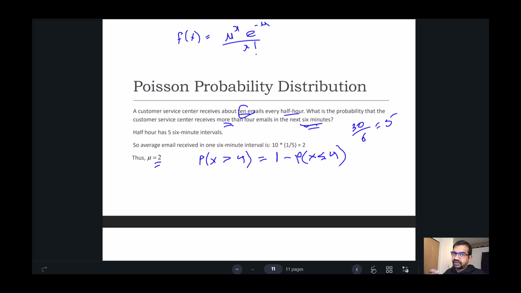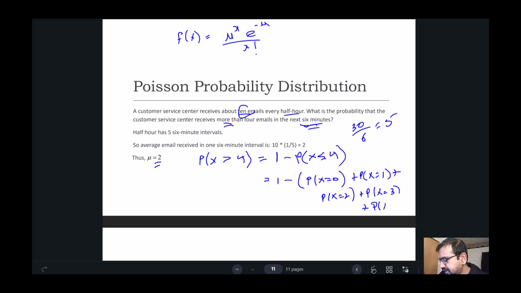Now this is a discrete distribution, it's countable, which means it is 1 minus the probability our x equals 0, plus the probability our x equals 1, plus the probability our x equals 2, x equals 3, plus the probability x equals 4. So we have to calculate all of these probabilities, add them up, and then subtract that from 1.